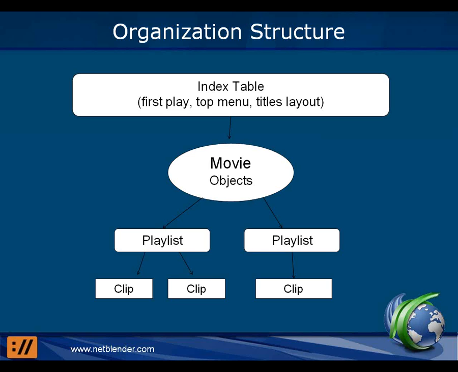And movie objects are then associated with titles. The next level down in the hierarchy are your playlists. Now, the playlist setup in Dostudio is identical whether you're in HDMV mode or BDJ mode. And your movie objects reference playlists that you have created.